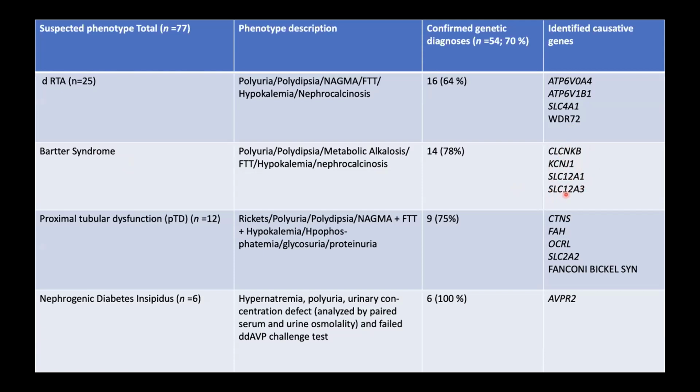Also they found SLC12A3, which is Gitelman syndrome, though they didn't suspect Gitelman, but in the Bartter syndrome cohort they found the Gitelman mutation. In proximal tubular dysfunction, they found mostly the CTNS gene, that is cystinosis, then FAH, OCRL, Lowe syndrome, and Fanconi-Bickel syndrome. And in nephrogenic diabetes insipidus, they found only AVPR2, no AQP2 mutation.